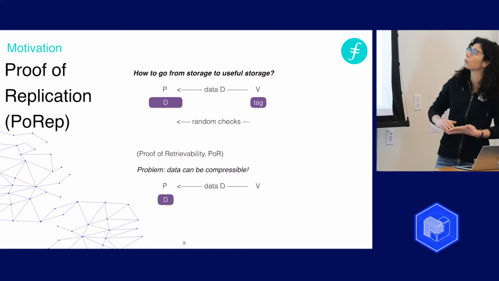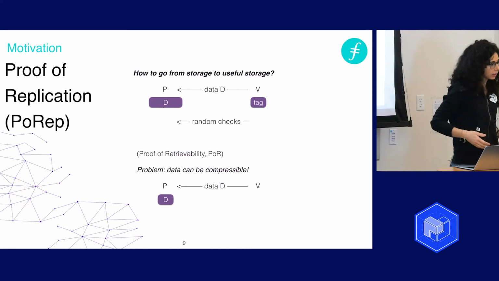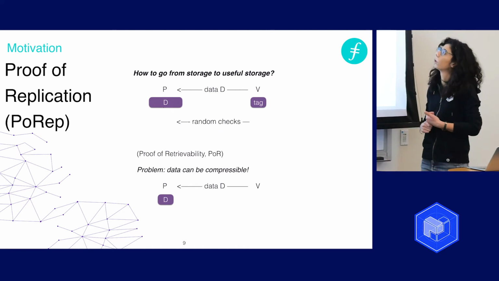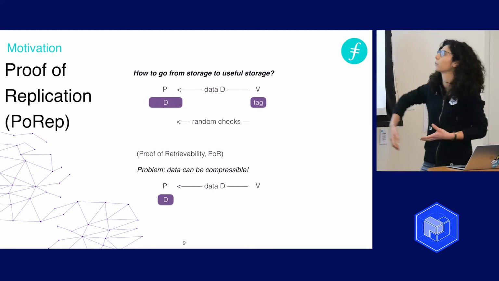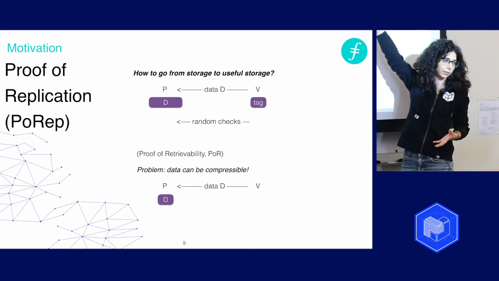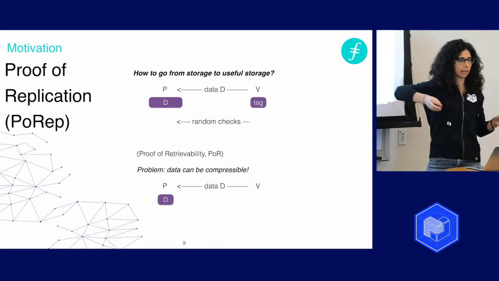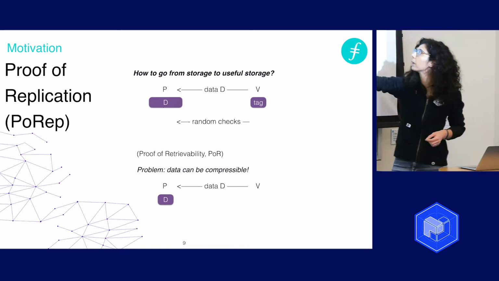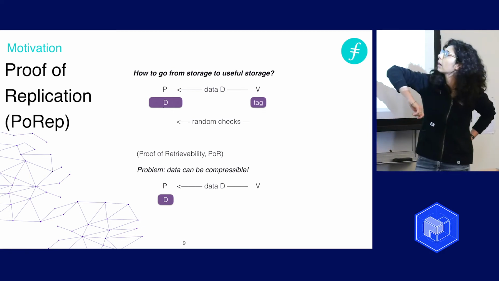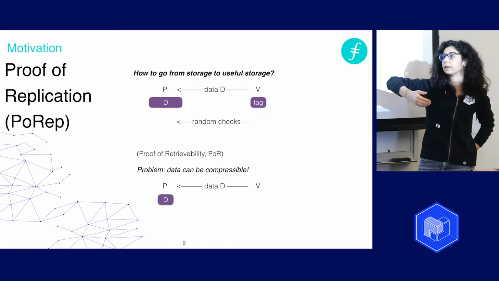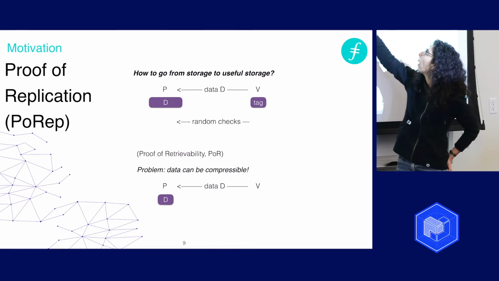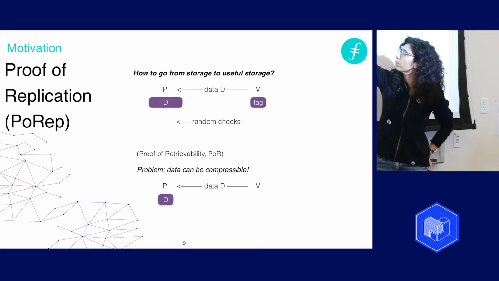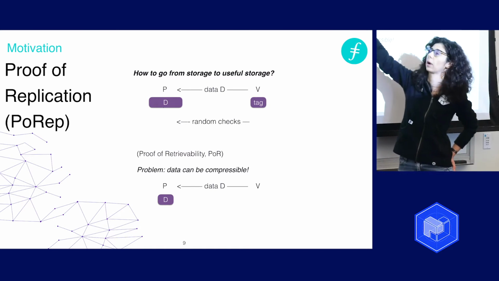And now we want to go to useful space, right? Because that's the goal. If we talk about useful space, it means that we have real data coming from the verifier. It's not just expanding a seed, filling my space with something. I want this real data, and the first idea that you have in mind is that somehow you want the verifier to be able to consistently check that you are storing the data.